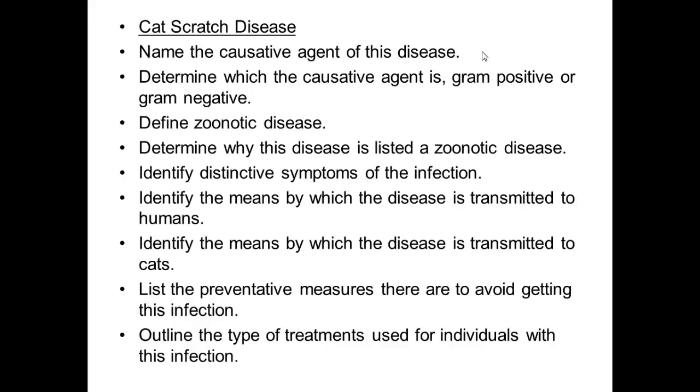Because it's mainly a disease of cats and dogs, and accidentally transmitted to humans. What's a distinctive symptom? What would really clue you in that someone might have this type of infection? Swollen lymph nodes, yeah, swollen lymph nodes and near an area where there's a wound, almost like a pustule, a pimple.